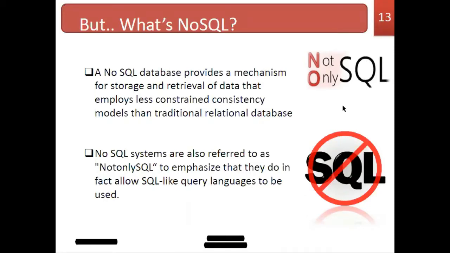So not only schema-based or very structured data, we can handle different categories of data also. NoSQL systems are also referred to as not only SQL, to emphasize that they do in fact allow SQL-like query languages to be used. So something similar to SQL can be used in the NoSQL database environment.